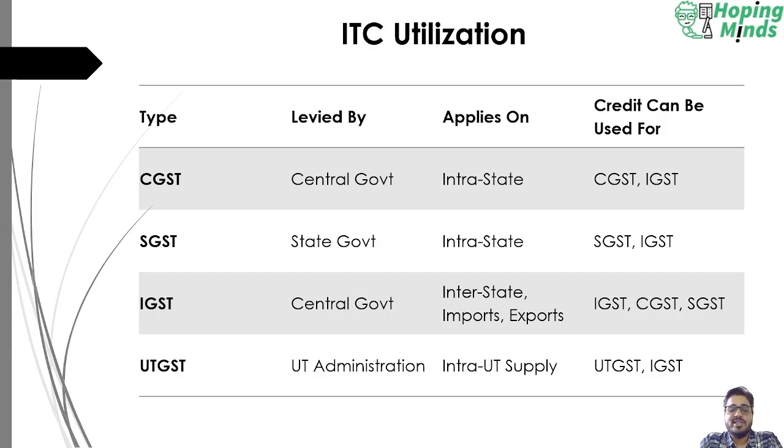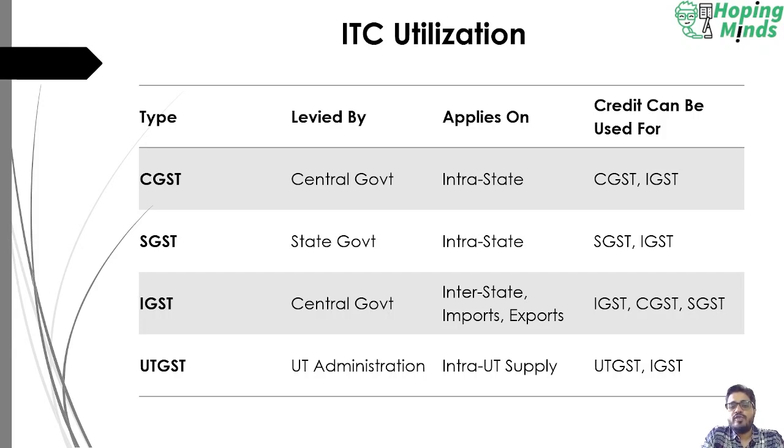In case of IGST, it is charged by the central government. It applies on interstate sale transactions, imports, exports, and the credits accumulated under this head can be utilized for the payment of IGST, CGST, and SGST tax liabilities. Similarly, UTGST is levied by the Union Territory Administration on intra-UT supply, that is, within the Union Territory supplies.